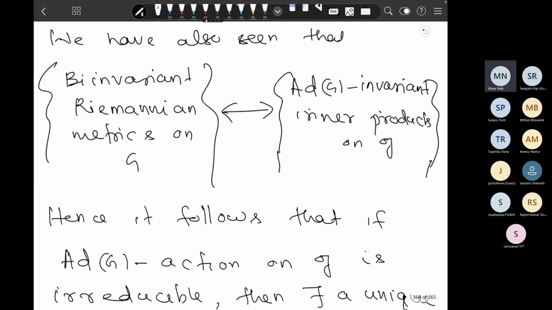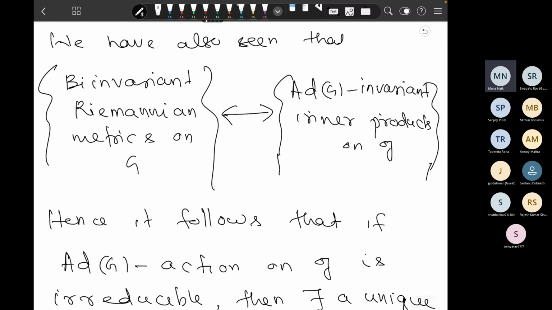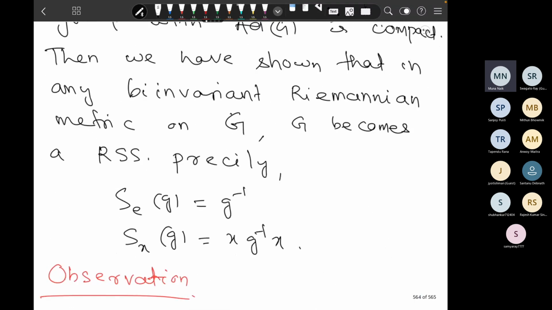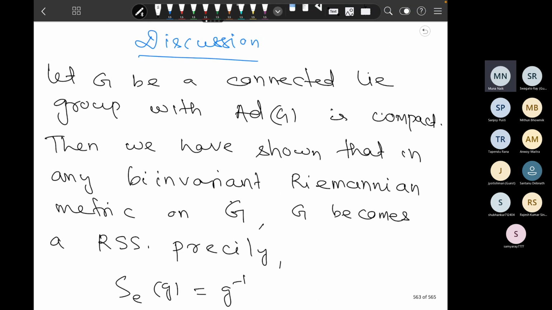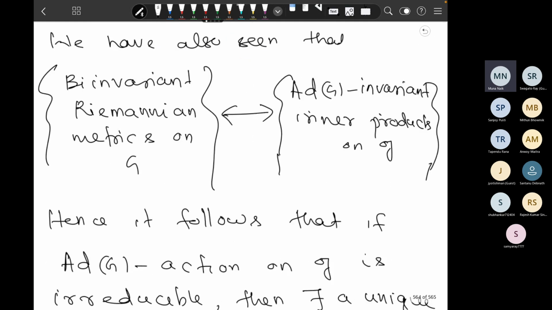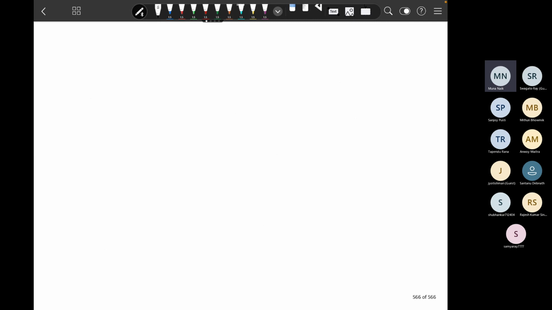So you just forget this result, the correspondence between bi-invariant Riemannian metrics on G and Ad(G)-invariant inner products on the Lie algebra. You also forget that if G is a connected Lie group with Ad(G) compact, then G is a Riemannian symmetric space. You just assume that you do not know this result. Okay? So we will do the things in a different way.